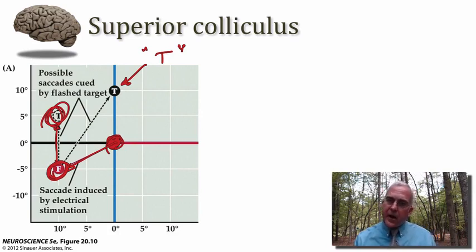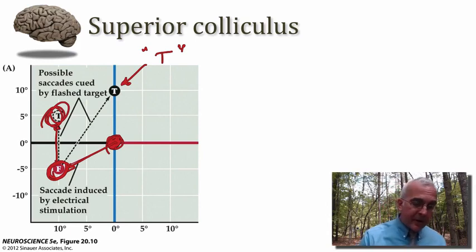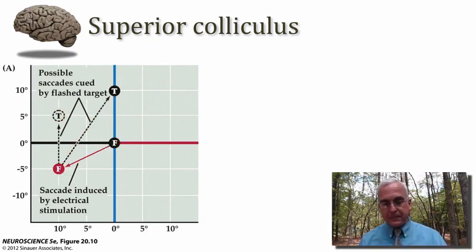However, if there's some more complex integration of position of the eyes in the orbit, remembering the location of the visual cue to which a saccade must be made, then perhaps the monkey will actually make a saccade back to the original location of the target T. So what's going to happen? Is the colliculus employing a strategy that simply transposes a retinotopic map into motor output, or is there some more complex kind of integration involved?